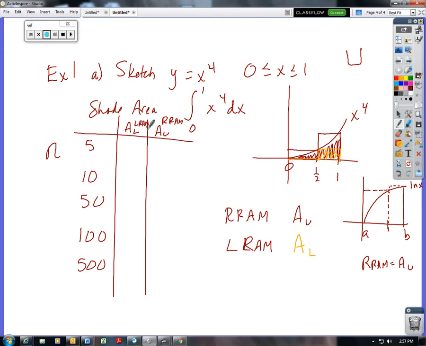And then letter C, you have to use the program to get these values before you can do C. So we'll have to talk about that in class.